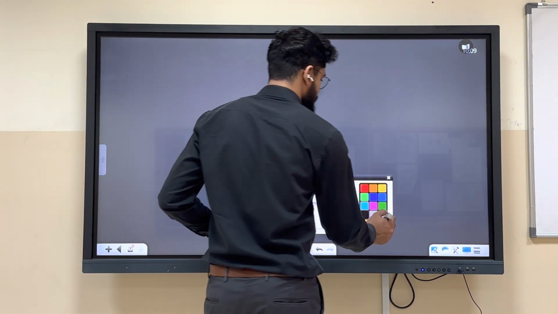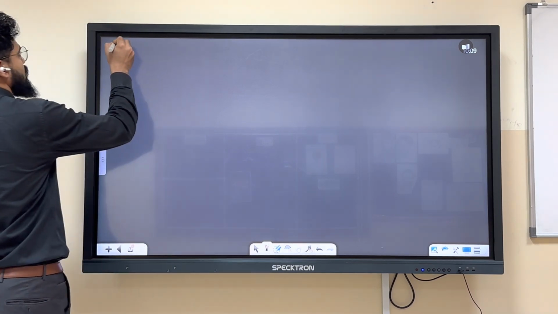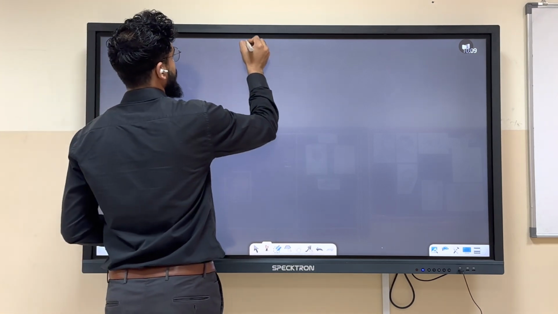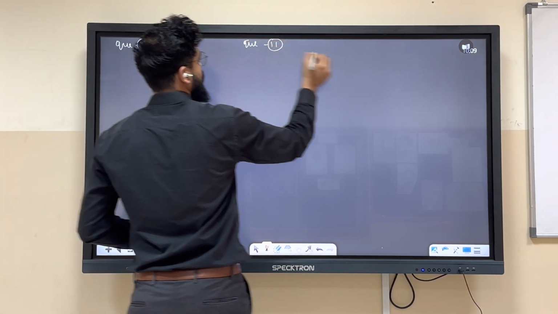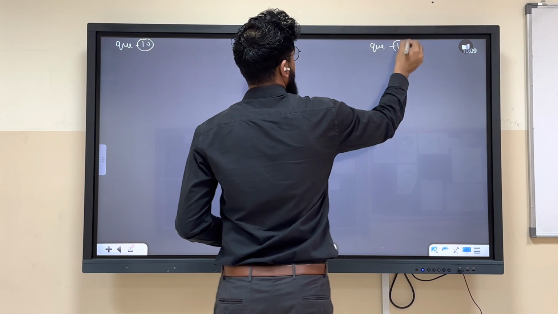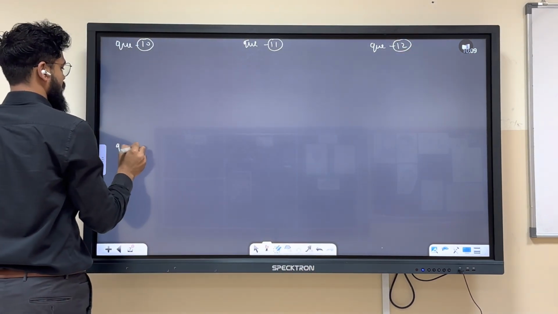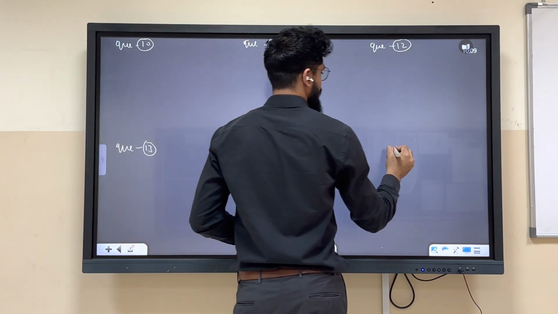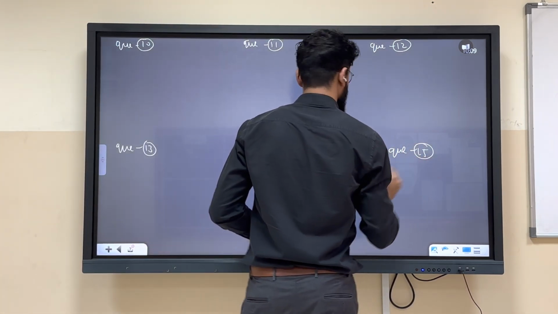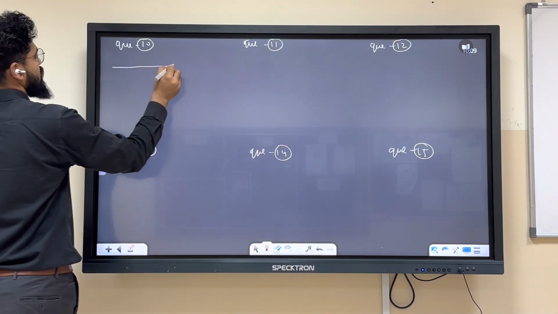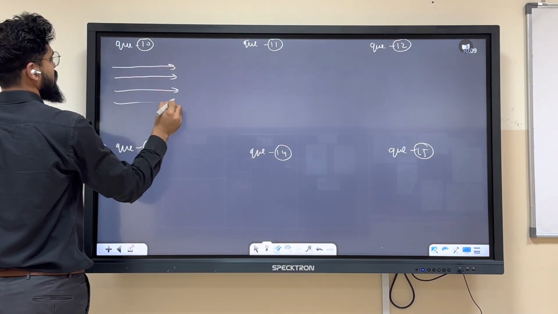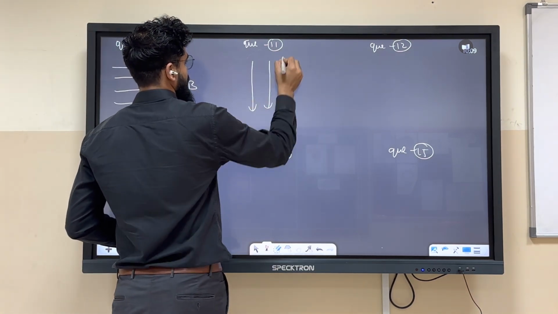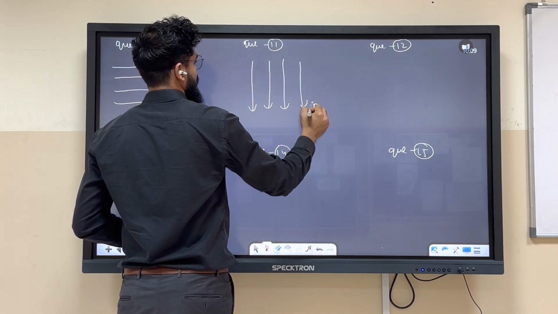Now, few more questions. Magnetic field in this direction, in this direction.